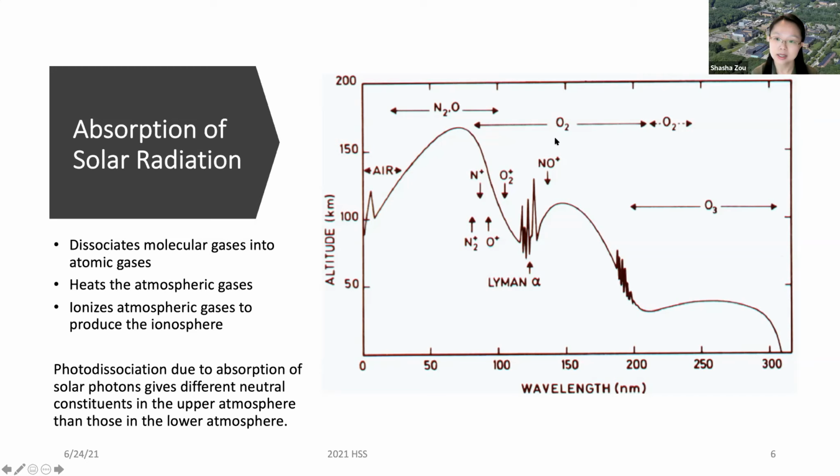When you see the neutral particles are marked here, that means those solar radiations are absorbed for dissociation of those molecular neutrals. And the dissociation of those molecular neutrals can turn them into the atomic gases. So like the O2 will be turned into O, as you will see in the next slide. During this photodissociation process, actually, let's go there.